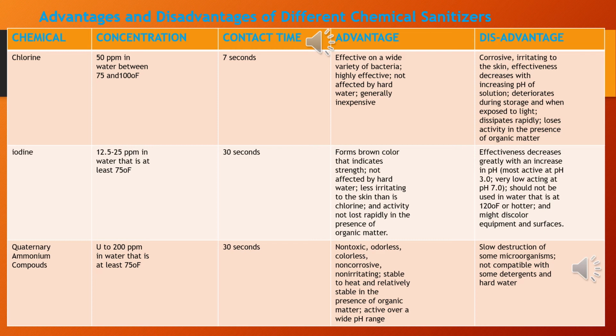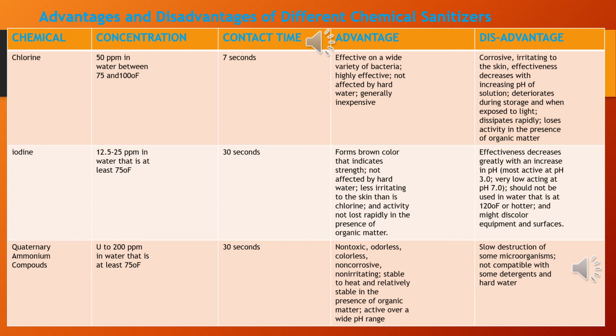Now let's go to quaternary ammonium compounds. Its concentration will be 200 parts per million in water that is at least 75 degrees Fahrenheit. Its contact time will be 30 seconds.